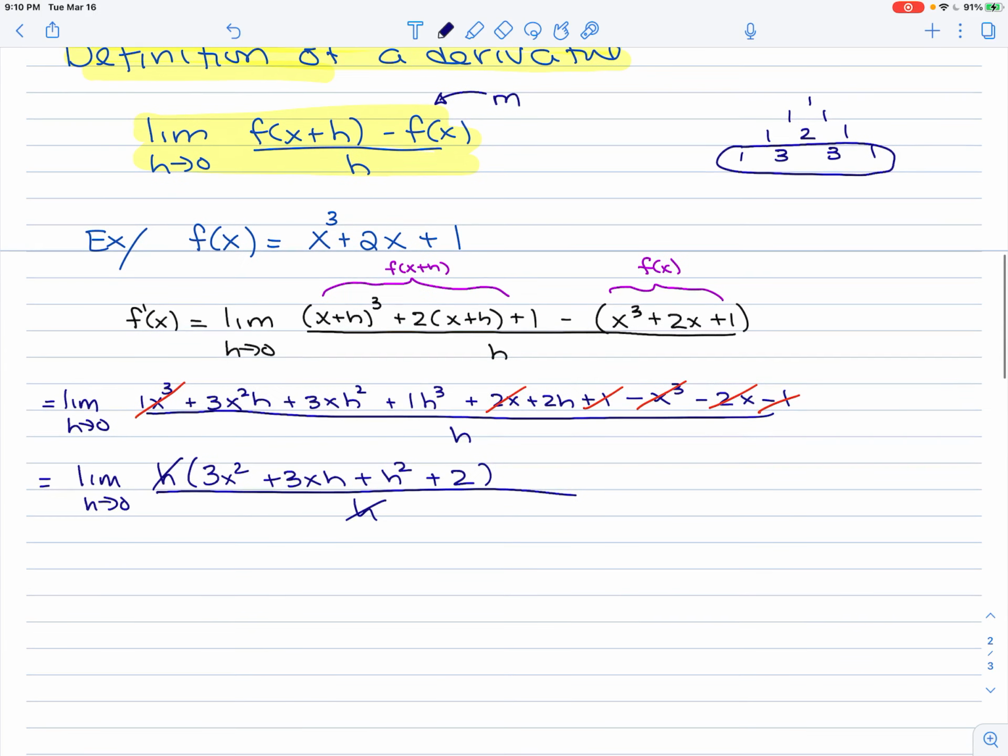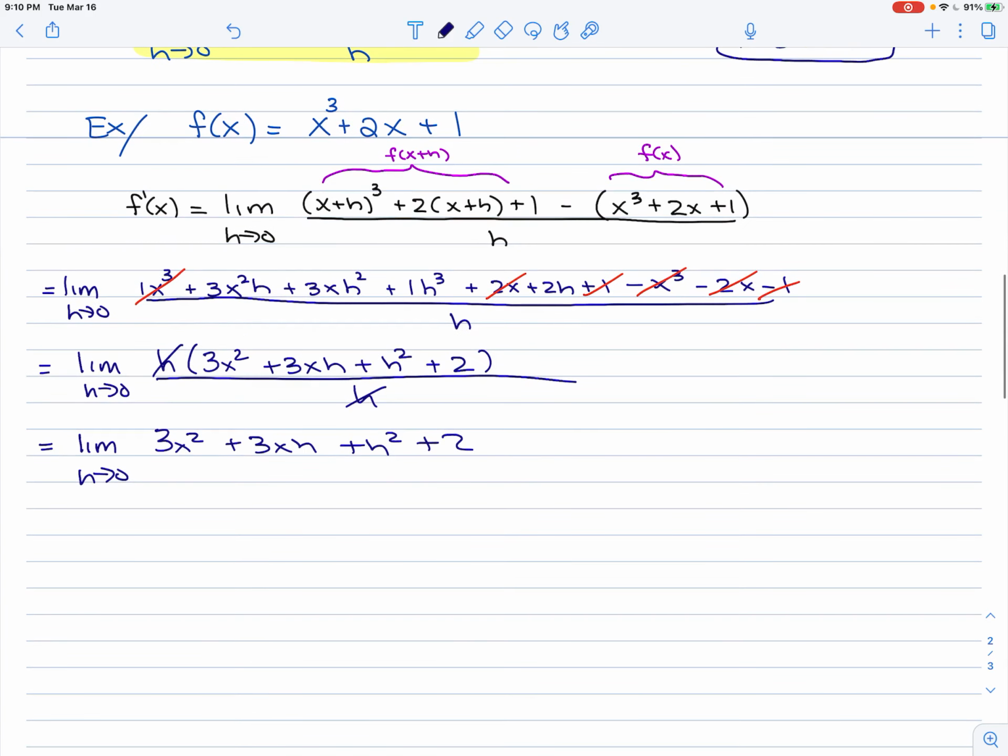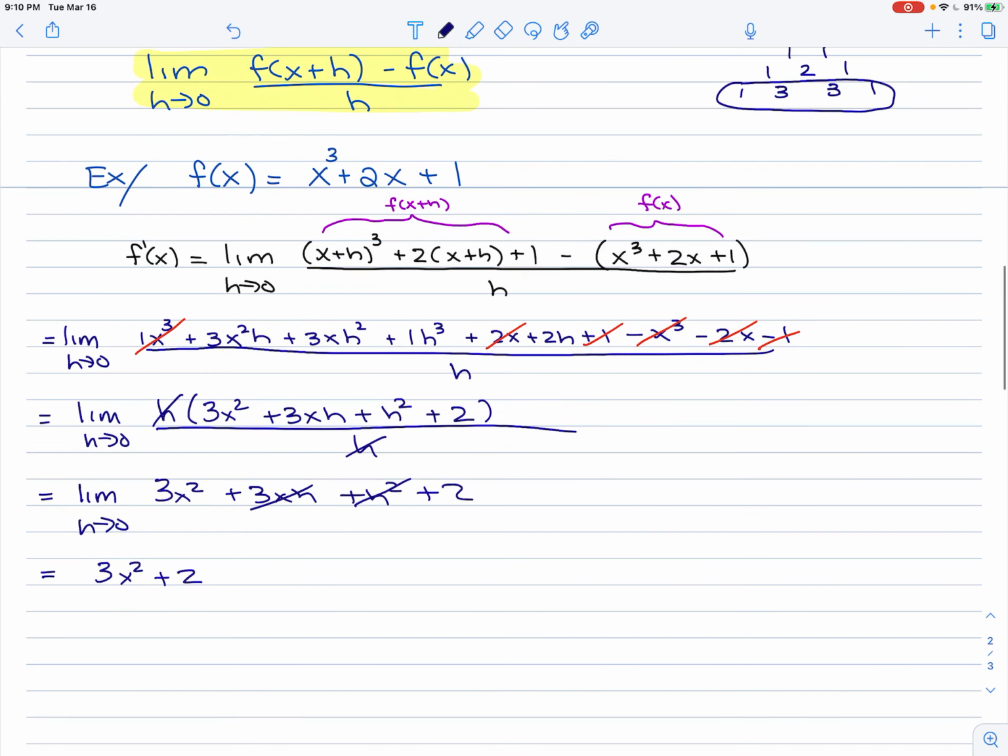Now I've just got rid of the thing that is the problem, the 0 over 0 part, because when I put h in, I got 0 over 0. And then I now have 3x squared plus 3xh plus h squared plus 2. And as soon as I let h be 0, and it's not a problem, which here it isn't, this will go away, that will go away, and I'll be left with 3x squared plus 2.